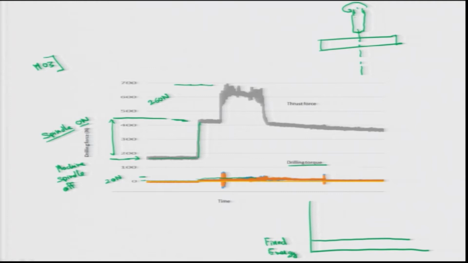As we do machining, the variable energy would be rising. This difference is my variable energy. It only comes into picture when we do machining. Just before starting the actual cutting, the spindle is on. So this is also a part of the variable, but this is my area of interest here. We see 260 newton force is produced here.